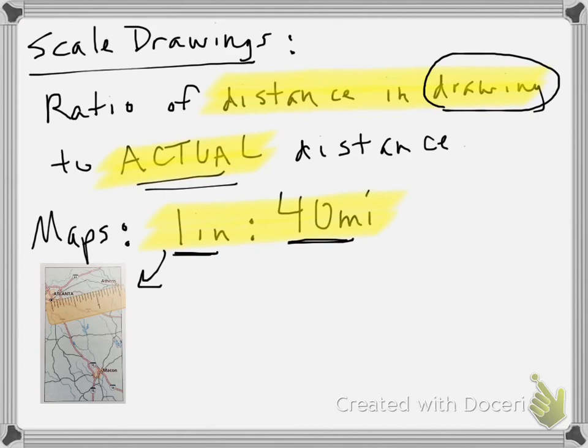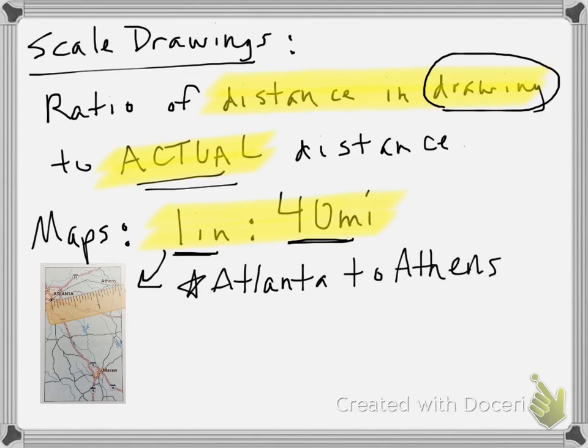And maybe this person, in this map of a portion of Georgia, wants to figure out, how far is Atlanta from Athens, Georgia, home of the Bulldogs, UGA, right? So we want to figure that out. Well, it's great because we already have a ratio of, for every 1 inch we measure, we will get 40 miles of actual distance in this map.